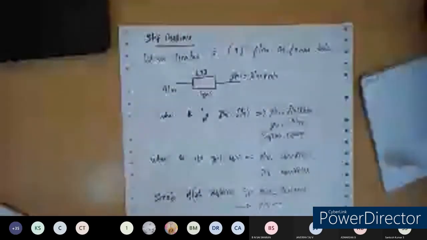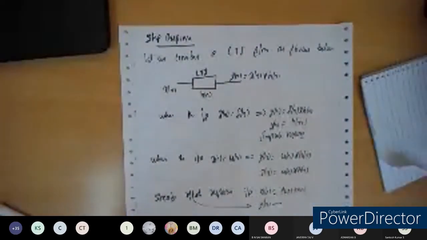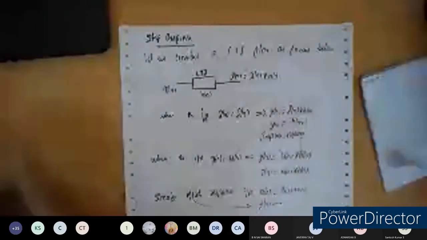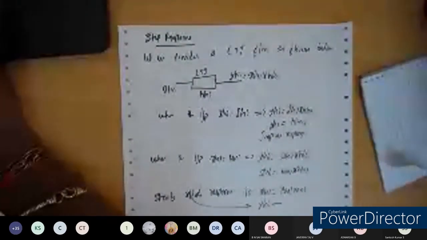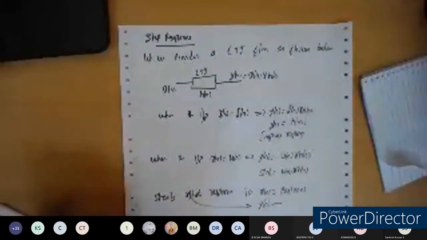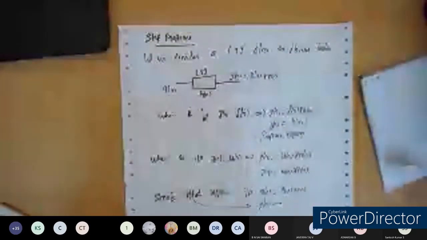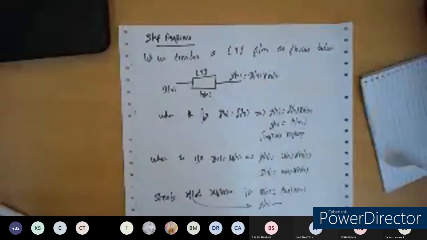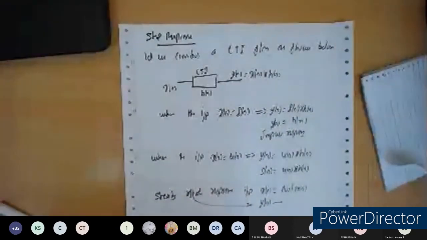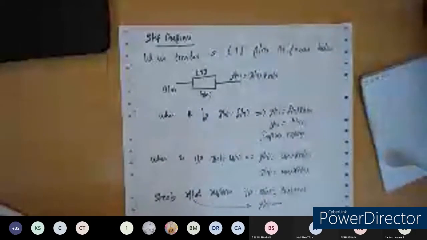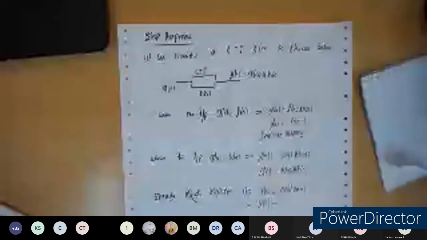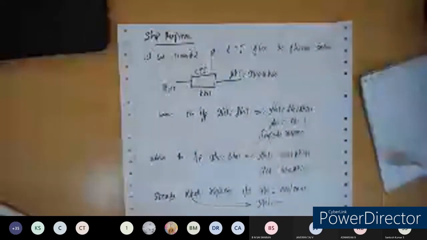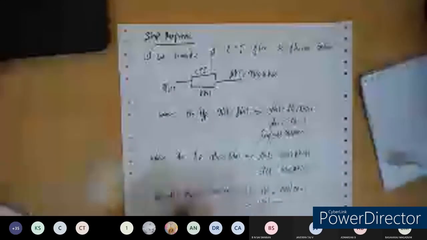We can take this LTI system. Okay, taken, right? So the output is nothing but... Taken, right, here. Okay, so taken actually.